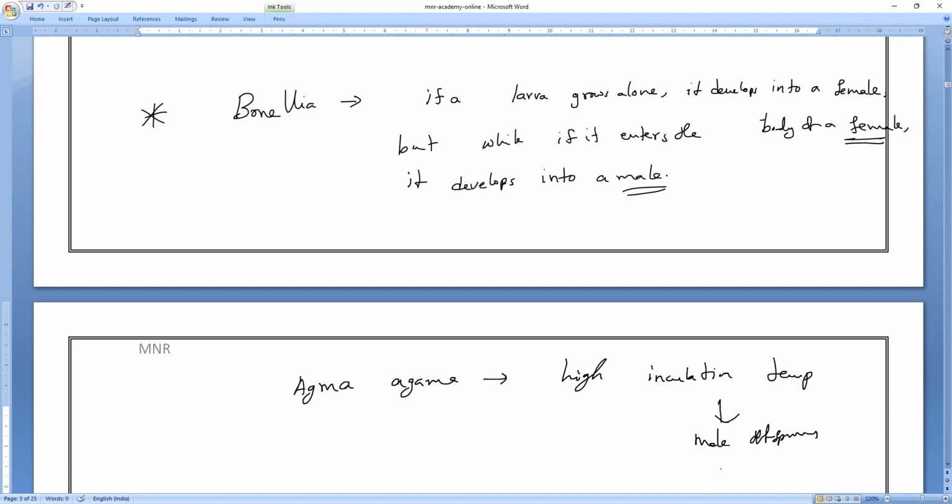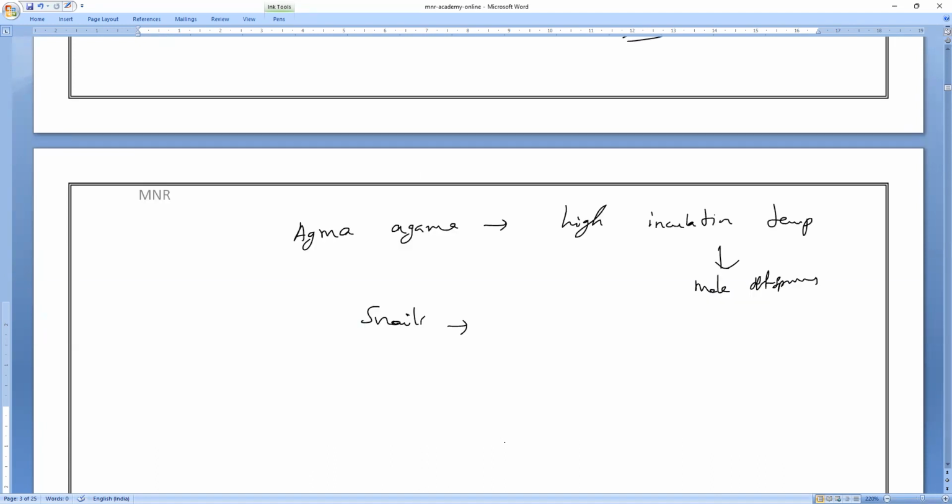But if you take snails, we all know that individuals can change their sex. Today if it is a male, tomorrow it can turn into a female. Whatever it wants, it can change its sex by its own. If it wants to be male, it can be male. If it wants to be female, it can be female.